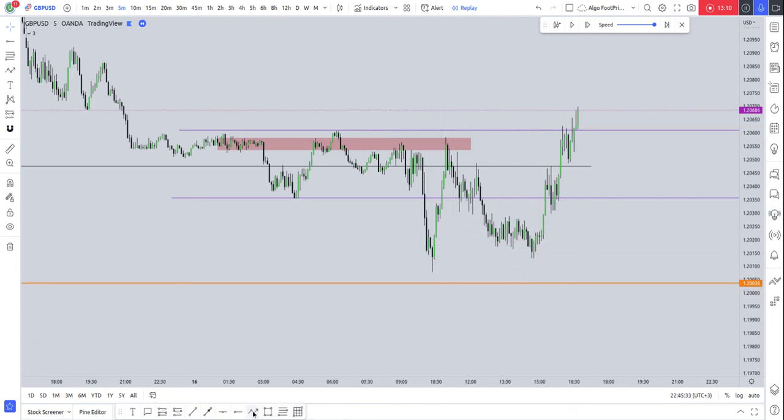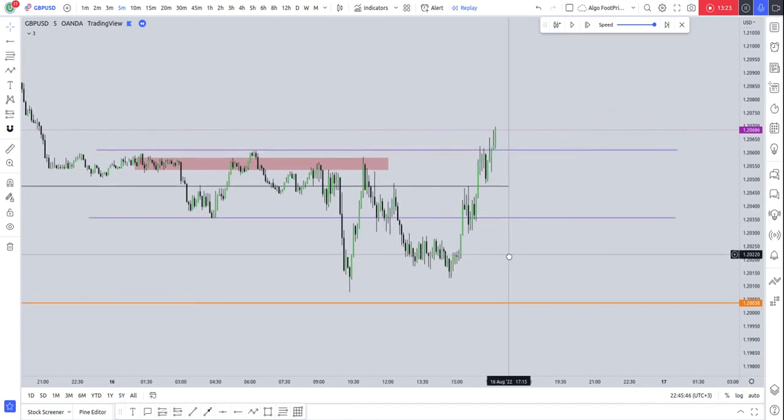We could have made a swing low like this, then we continue down, but price could not take it out. So that means the smart money, to me, are willing to take price higher.